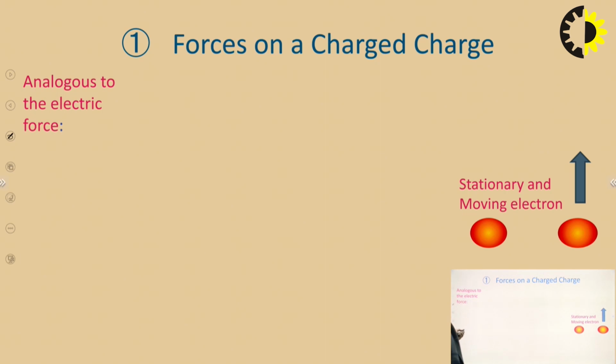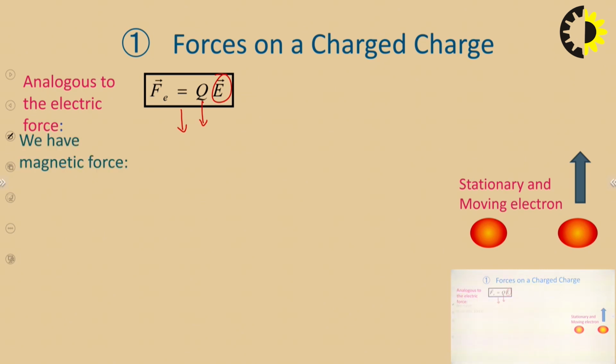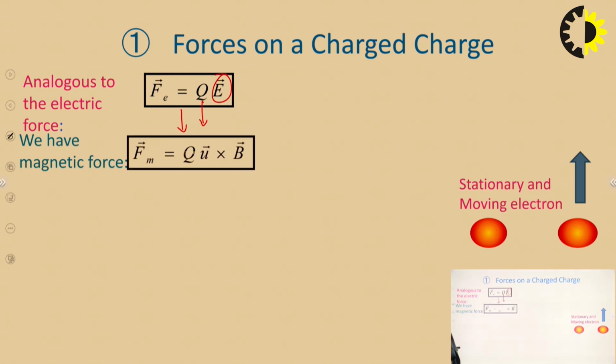Then, analogous to electric field force, we know that if the charge is Q, which is placed in the electric field E, the force on that particular charge is Fe is equal to Q into E. We have magnetic force also.